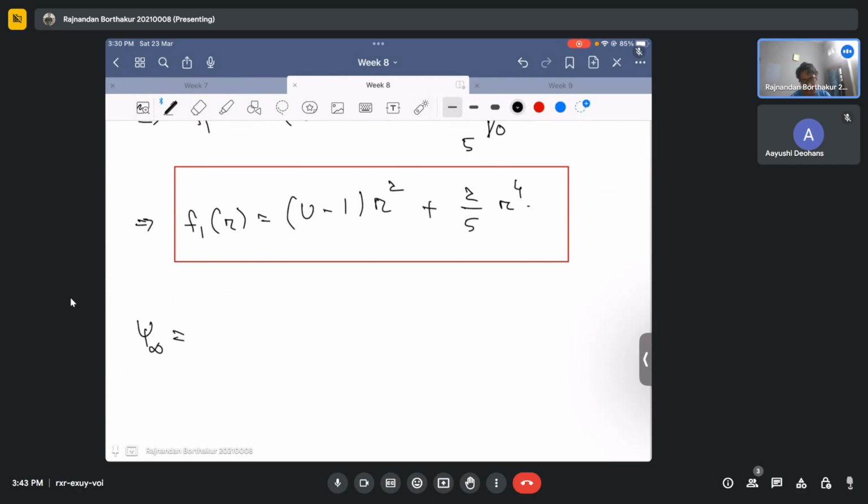So psi infinity can be written as what? So psi infinity can be written as f1 of r times q1 of eta, if you remember, plus f3 of r times q3 of eta.